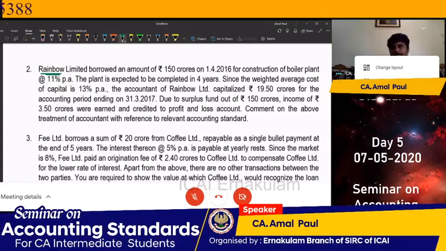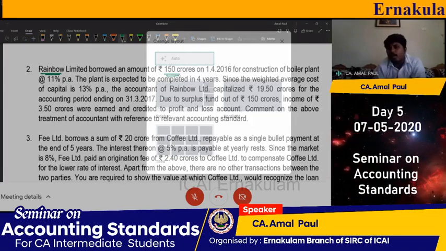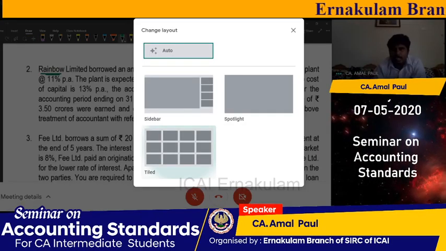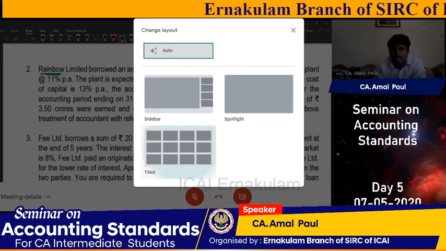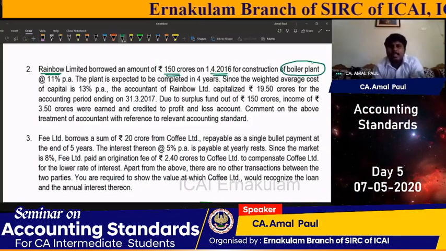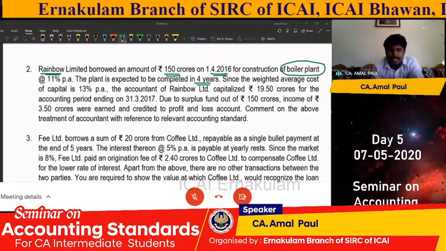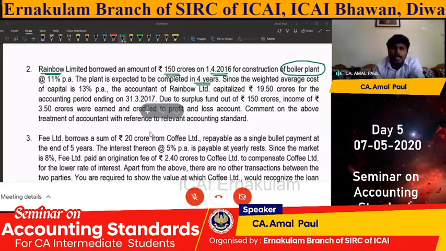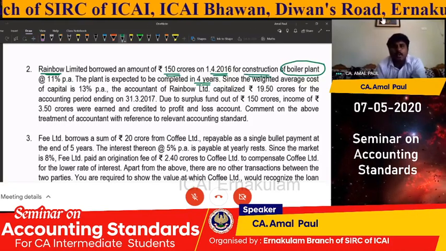They had borrowed 150 crores on 1/4/2016. This is for construction of a boiler plant. Okay, they are constructing a plant. This is expected to be completed in 4 years. So this construction will take 4 years.